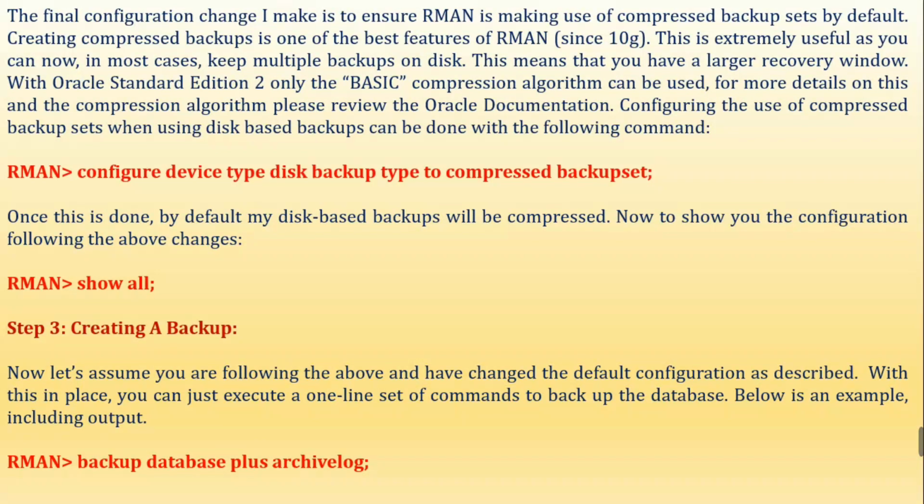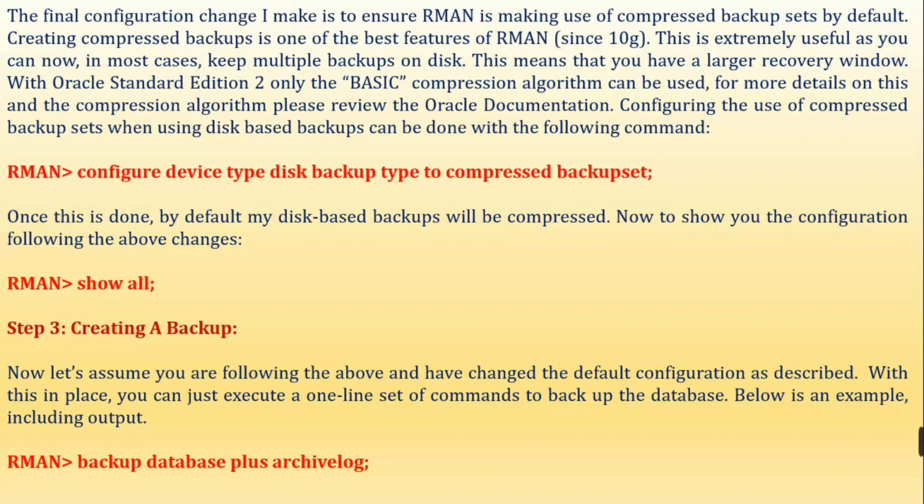This means that you have a larger recovery window. With Oracle Standard Edition 2, only the basic compression algorithm can be used. For more details on this and the compression algorithm, please review the Oracle documentation. Configuring the use of compressed backup sets when using disk-based backups can be done with the following command.